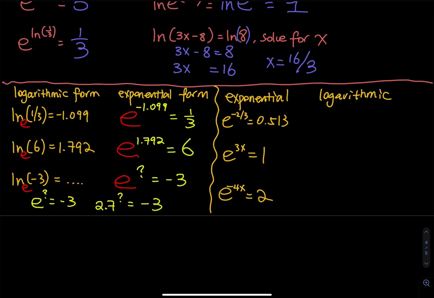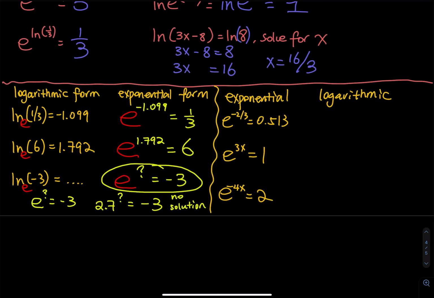Is this possible? The answer is no. So this one has no solution. Impossible. 2.7 is positive. Multiply itself a few times, you are not going to get a negative.